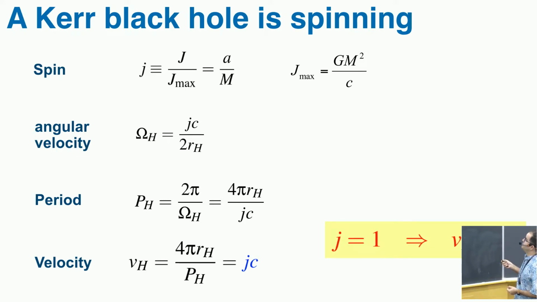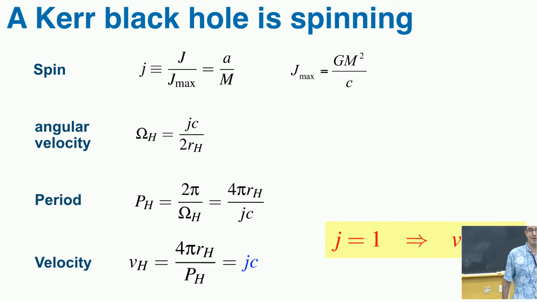For the maximal spin, which here I call J equal 1, the rotational velocity of the horizon is the speed of light. And if you could add angular momentum to a Kerr black hole above the limit of J equal 1, it will break the event horizon, and then you will form a naked singularity.